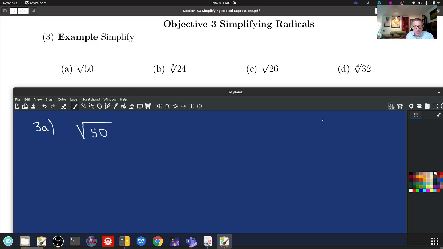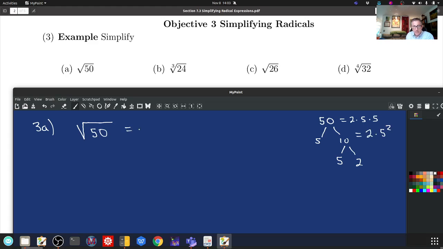So let's come over here and let's factor 50. Well, 50 is clearly 5 times 10, and 10 is clearly 5 times 2. So 50 is equal to 2 times 5 times 5, but another way of writing that is 2 times 5 squared.